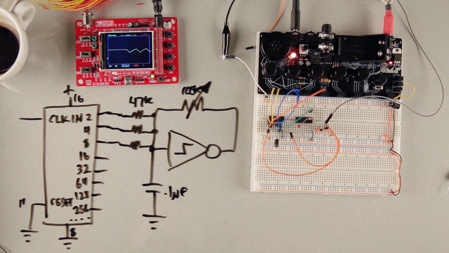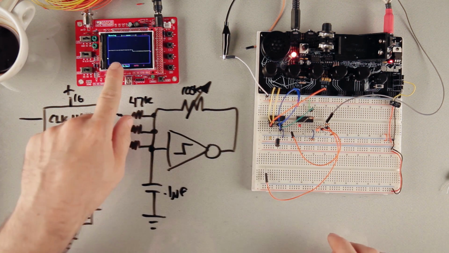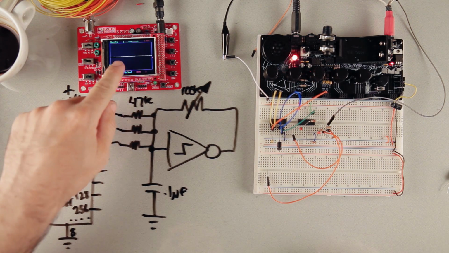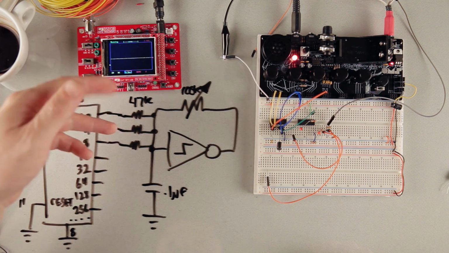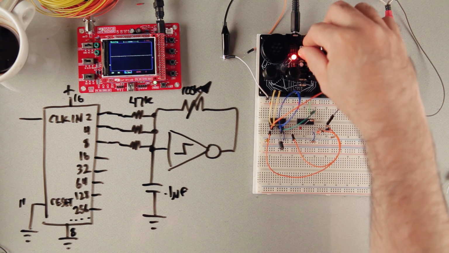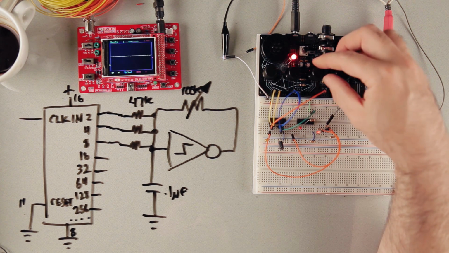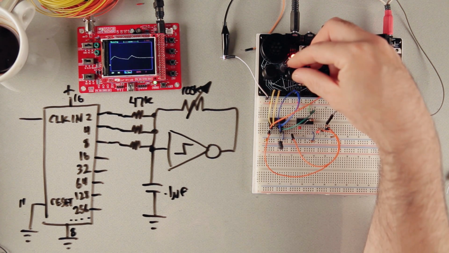Alright, so now you can hear that there's a bunch more steps. And if we look at the scope there, you can see there's more steps in our pattern here. And if we listen to that again, and then I can change the speed.